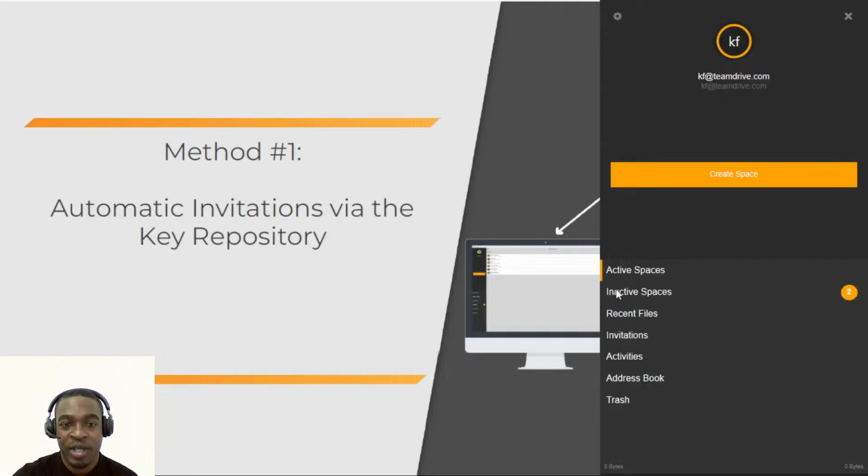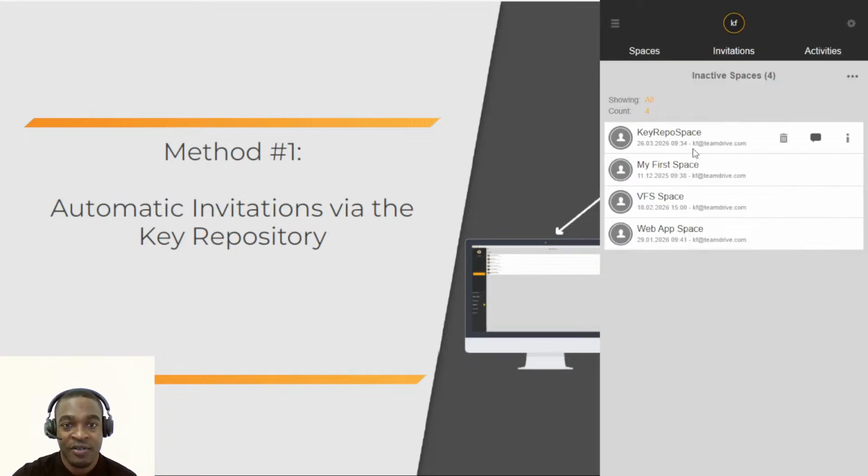In general, they appear here in the inactive spaces section, because the keys stored in your key repository, the ones that are automatically imported, are imported into your inactive spaces. So if I click on inactive spaces, I see a list of spaces that I have created in the past, and their keys are stored in my key repository.